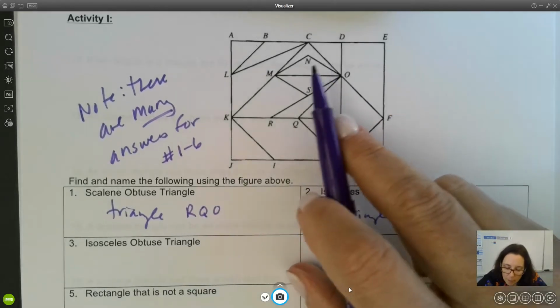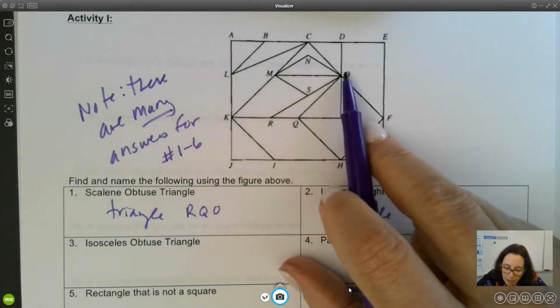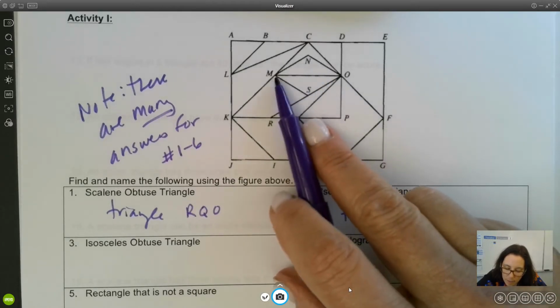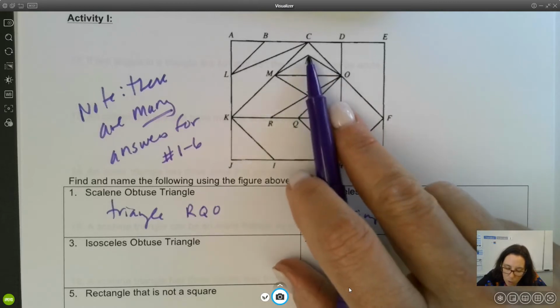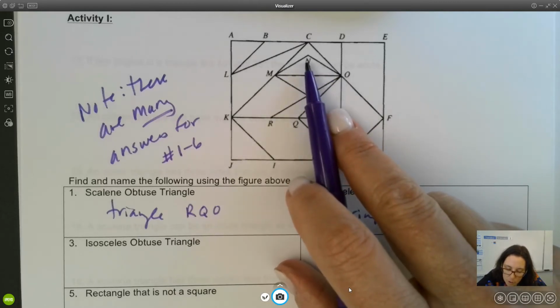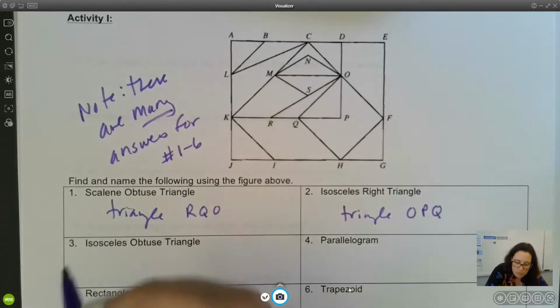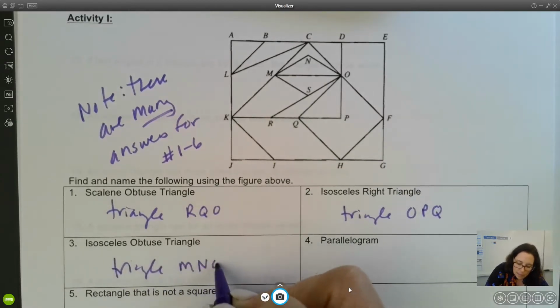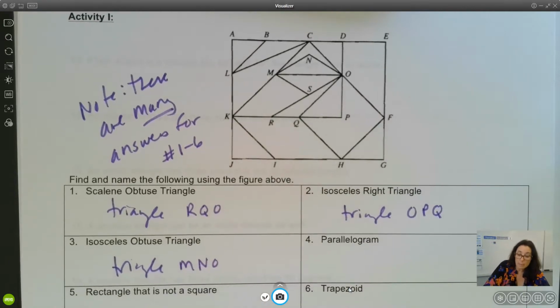How about this guy up here? MNO. Isosceles meaning this and this are equal, and N is obtuse. That angle N is obtuse. Triangle MNO.